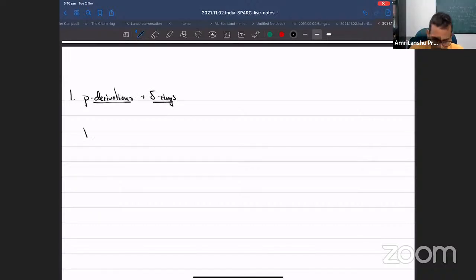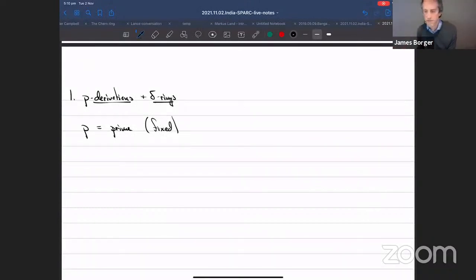In all of this, p will be a fixed prime number, so you can fix it once and for all, really. And R will be a ring, and by the term ring, I always mean commutative and with a multiplicative identity 1.